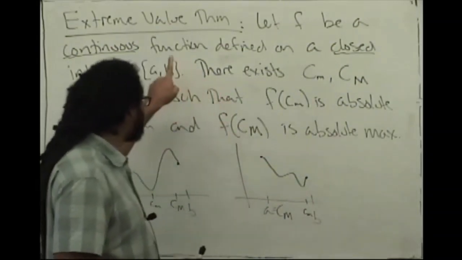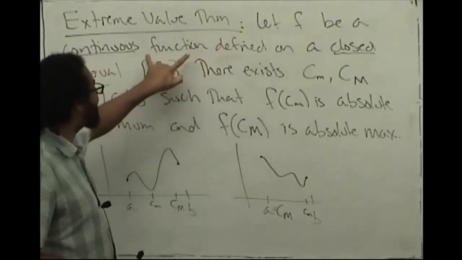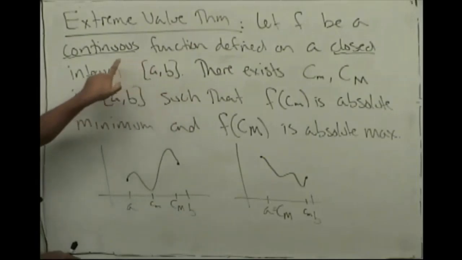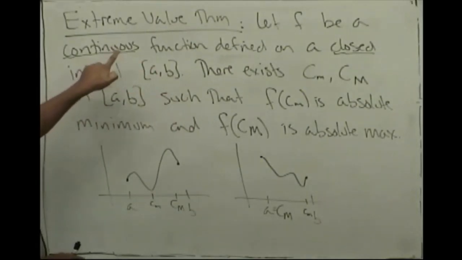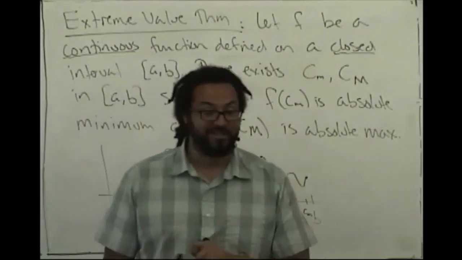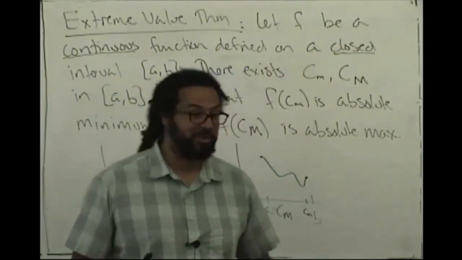So here's the theorem. Let f be a continuous function defined on a closed interval from a to b. The key words in this theorem are continuous and closed interval. If you don't have those two things, this theorem does not apply.